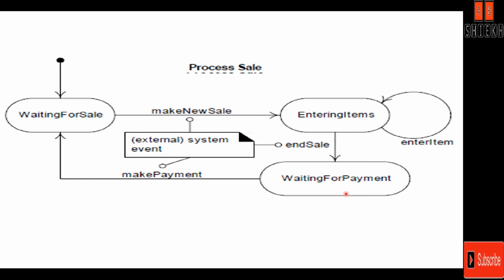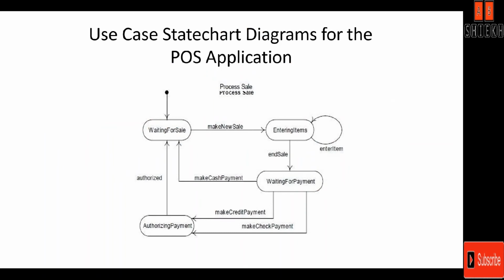That means if the system is not in the waiting for payment state, then the user cannot make any payment. During the process sale use case in the NextGen POS application, it is not legal to perform the make credit payment operation until the end sale event has happened already and the system is in the waiting for payment state.